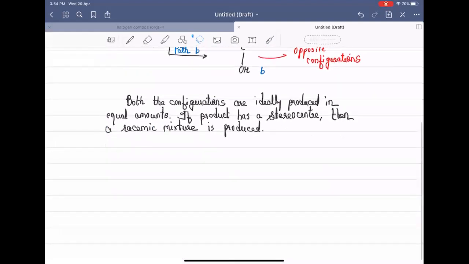So one of the other key, important things about SN1 is that you find that a racemic mixture is obtained.